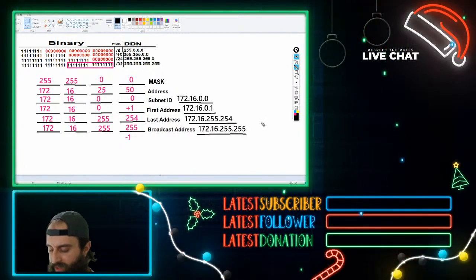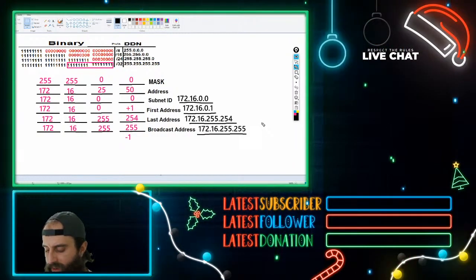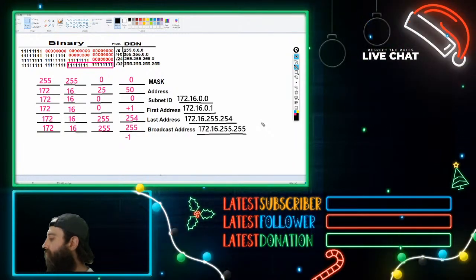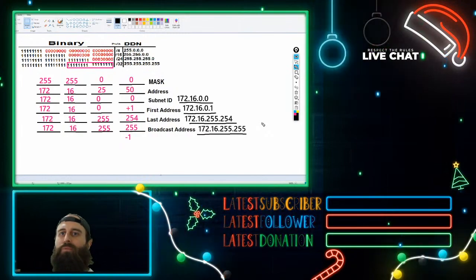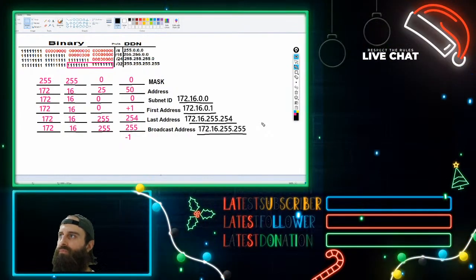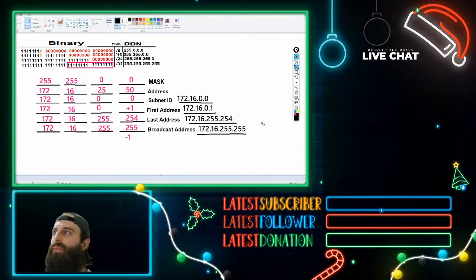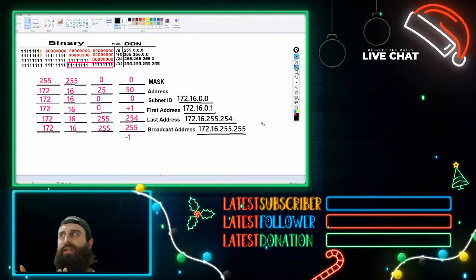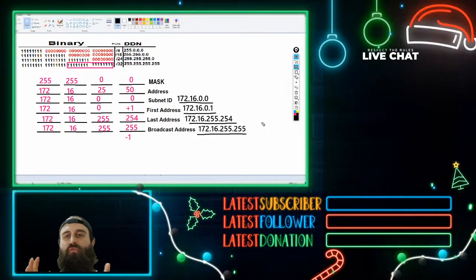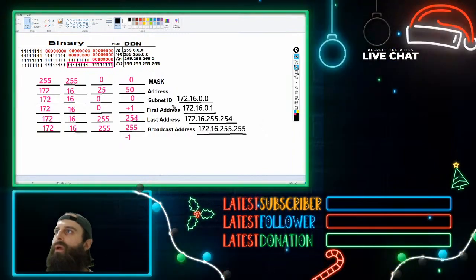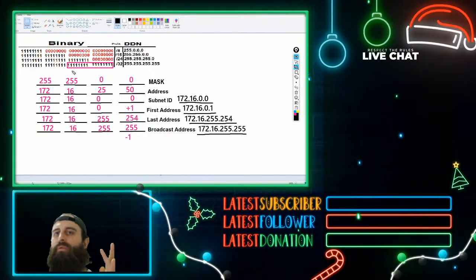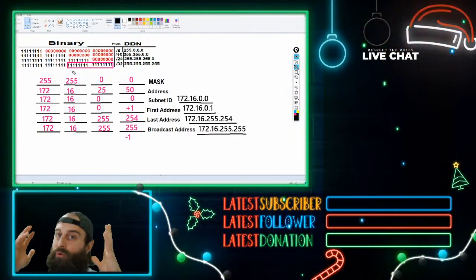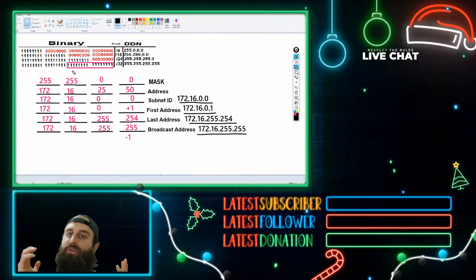Now this is the easy subnet masking. Because with prefix lengths of 8, 16, 24, and 32, the octets are either full of binary ones or full of binary zeros.